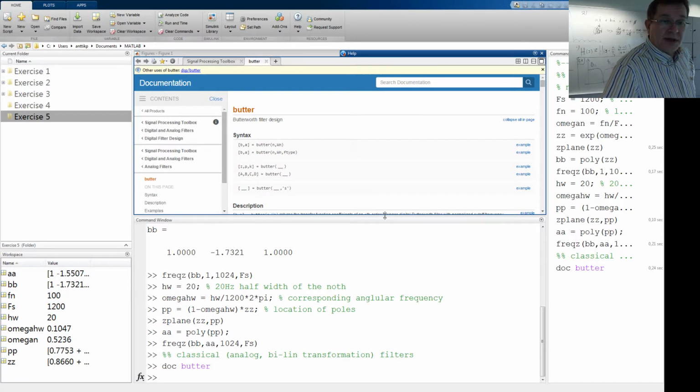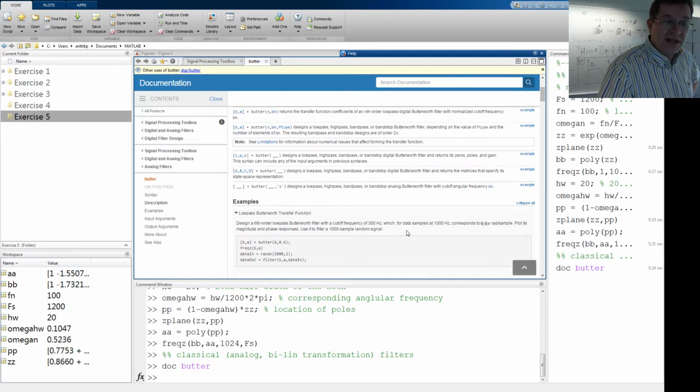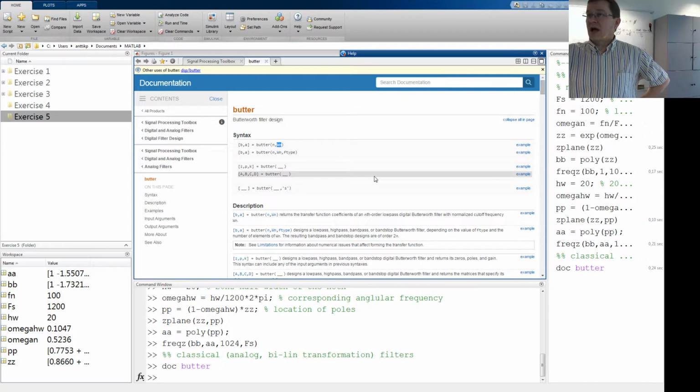Basically we just need to give it the order number and the cutoff frequency as a normalized cutoff frequency, and here the normalized cutoff frequency actually means times pi, meaning the scaling factor between the cutoff frequency and the real cutoff frequency.